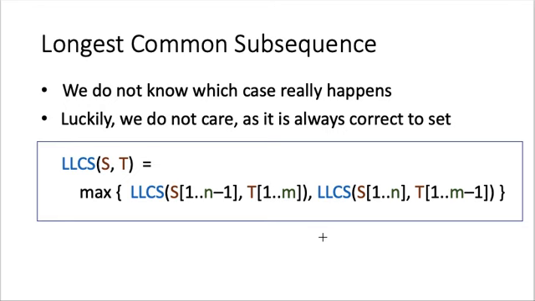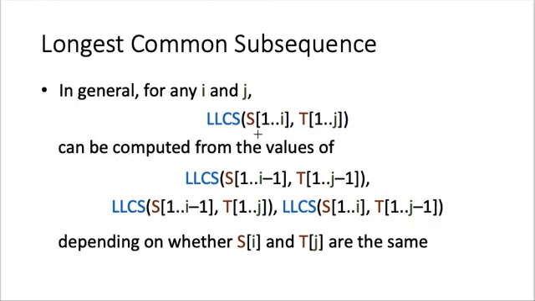Now in general, this is not just happening for the last character of S and the last character of T. So in general, suppose that we have S for the first I characters and T for the first J characters. We want to compute the LLCS of S and T in these two cases, S1..I and T1..J.